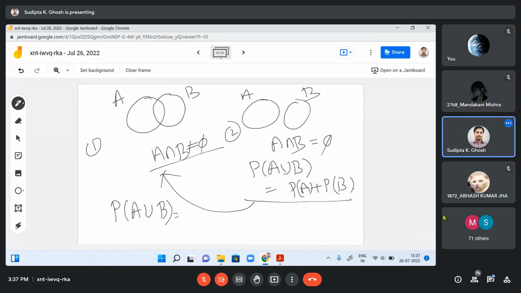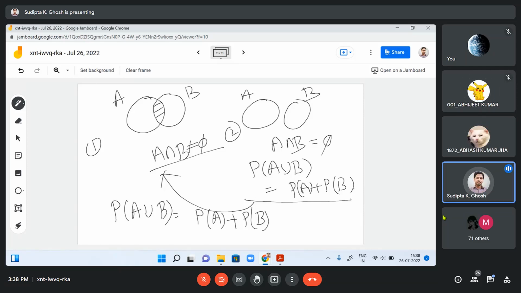If I am writing probability of A plus probability of B, how many times have I added this intersection region? Two times.